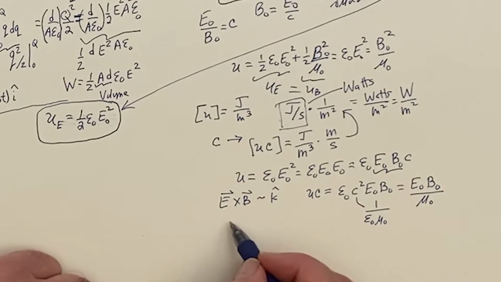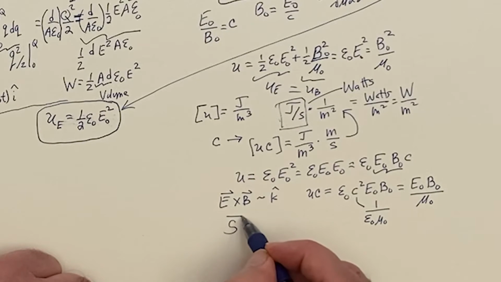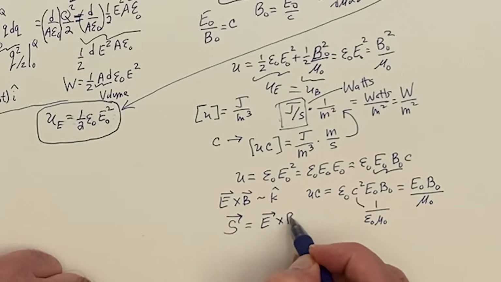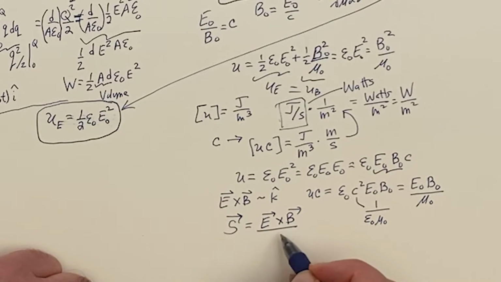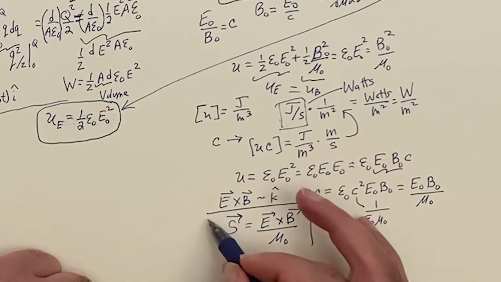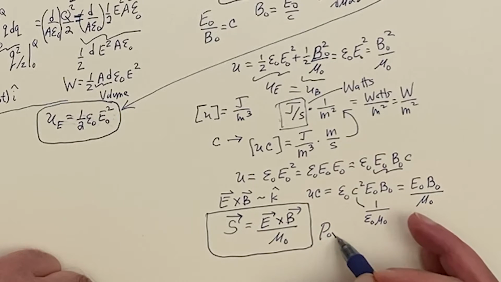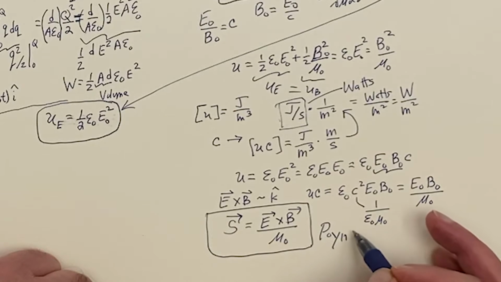So now it makes sense to define a vector S, which is E cross B divided by mu naught, and that's named after a physicist, Poynting.